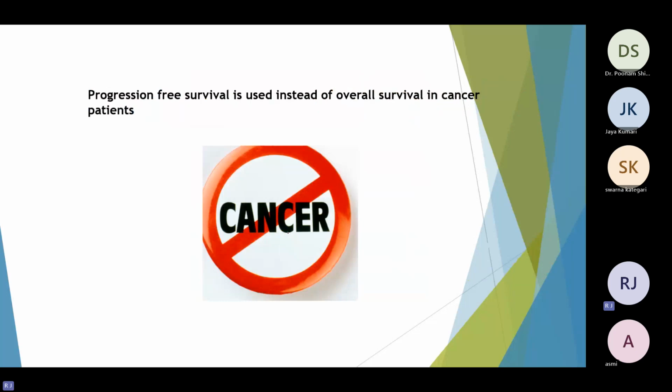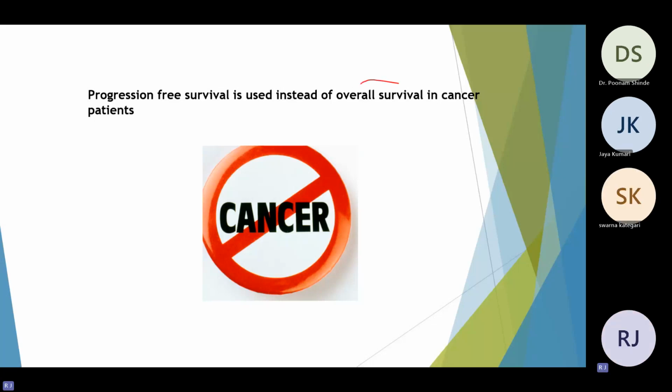For example, in oncology studies, instead of waiting for the subject to die from the disease, what will we see? The progression-free survival. How many months a subject can survive without cancer cells or without any active disease. Okay. So instead of checking the overall survival, we see the progression-free survival, which means a disease-free state. Overall survival would be our primary endpoint.